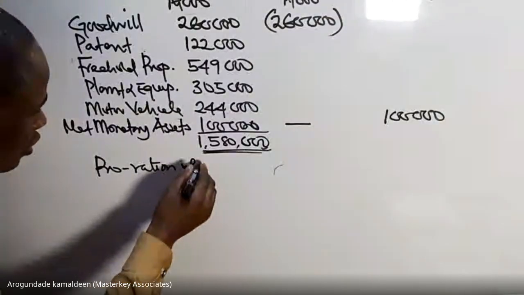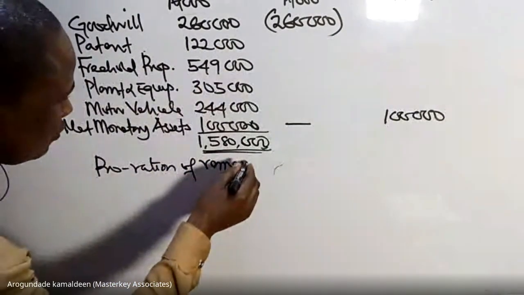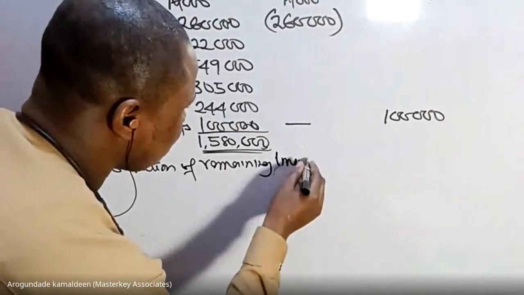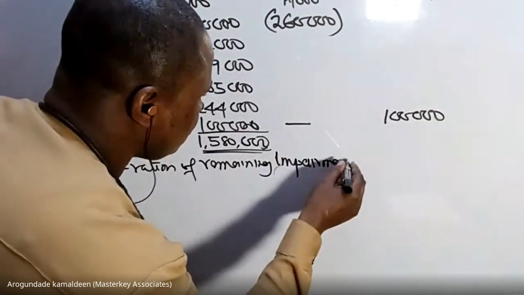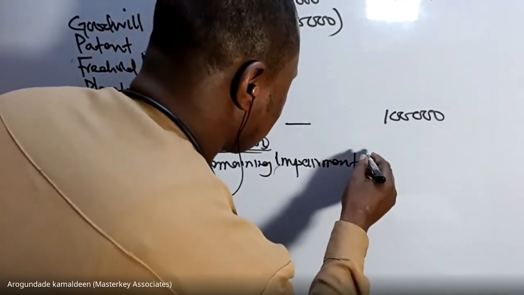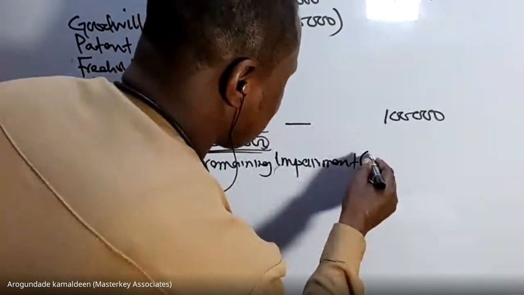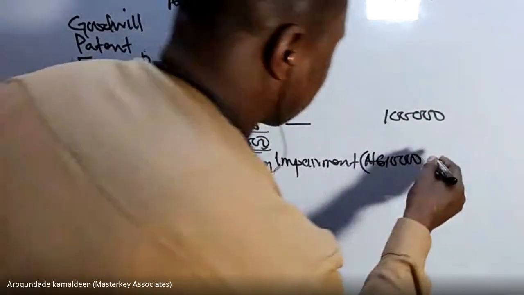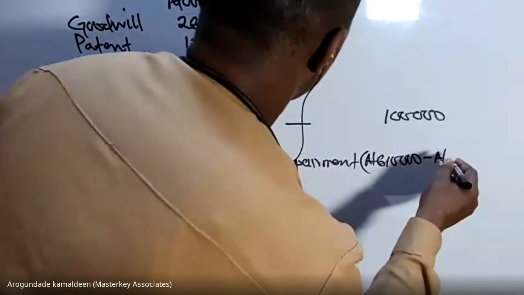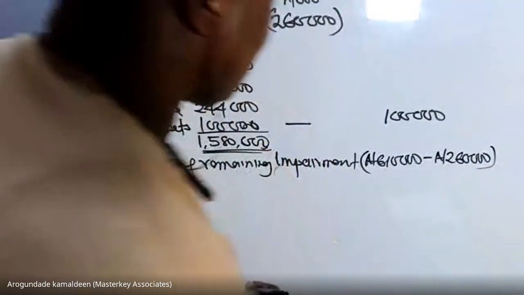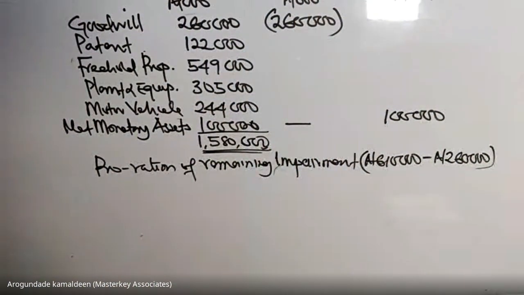Proration of remaining impairment. Today, let's say, here you have 610. We are giving goodwill 260.